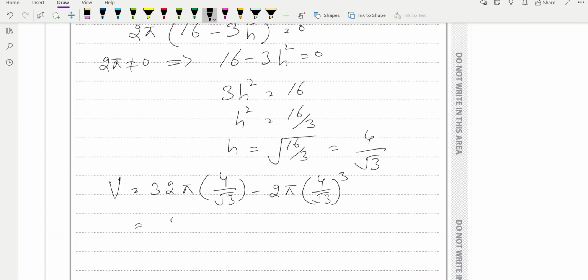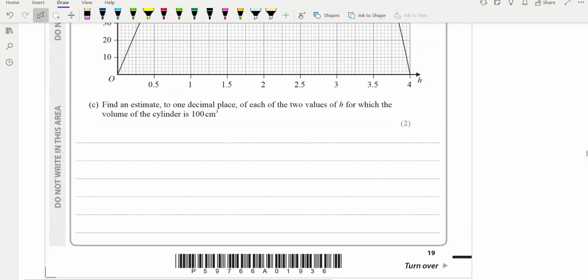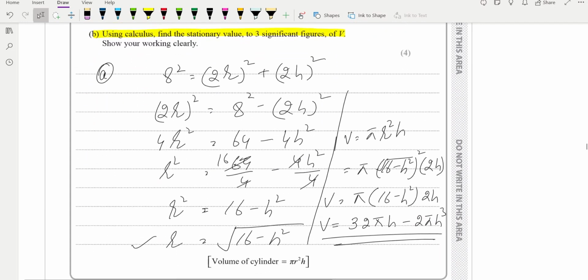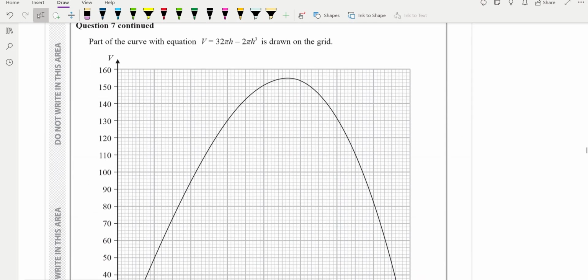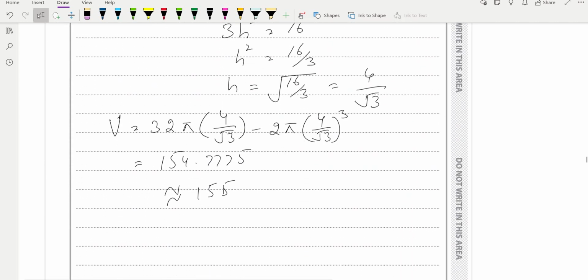So 154.775 up to 3 significant figures, you can write 155, and units will be centimeter cubed because they are using centimeters. Yes, so we can write centimeter cubed as units over here.